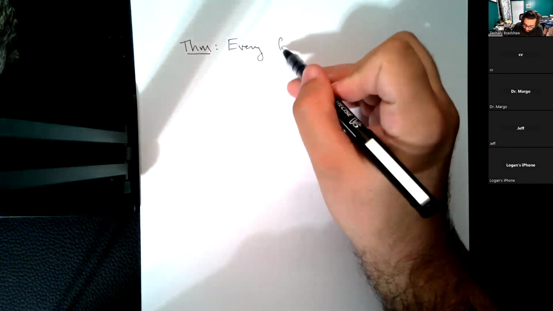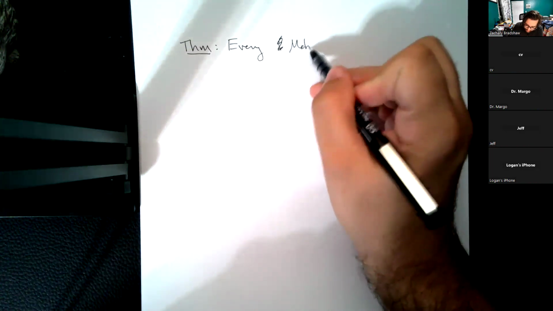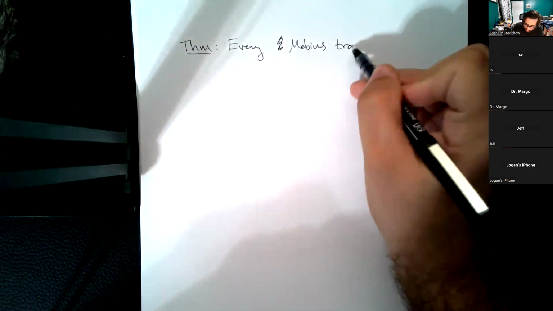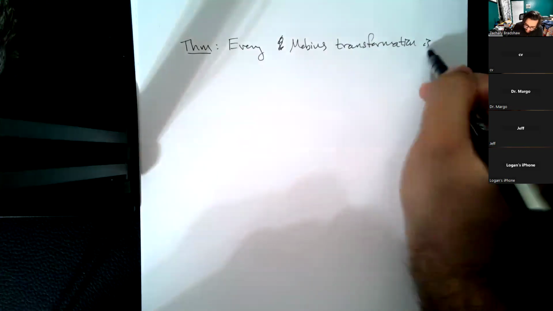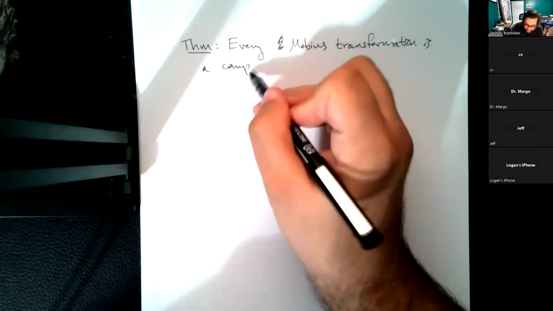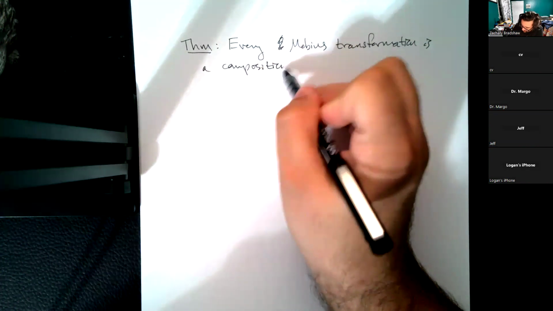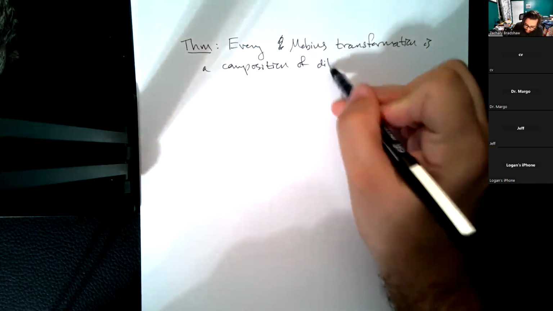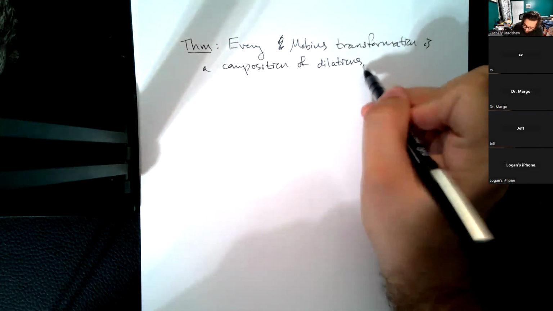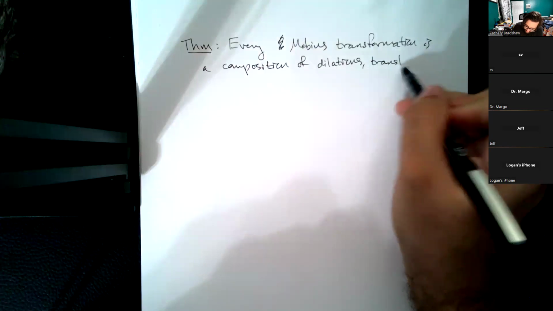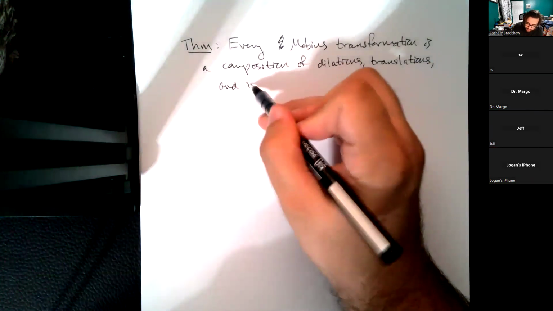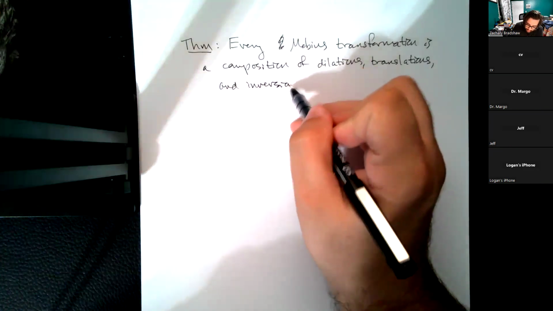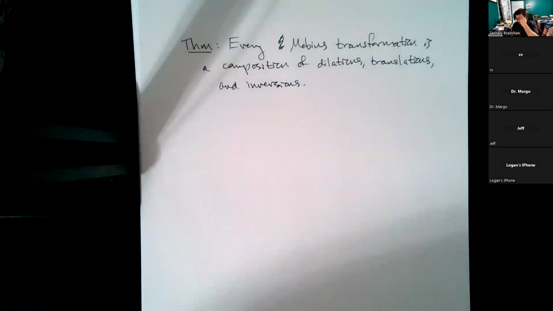Every Mobius transformation is a composition of dilations, translations, and inversions. Okay, very easy.